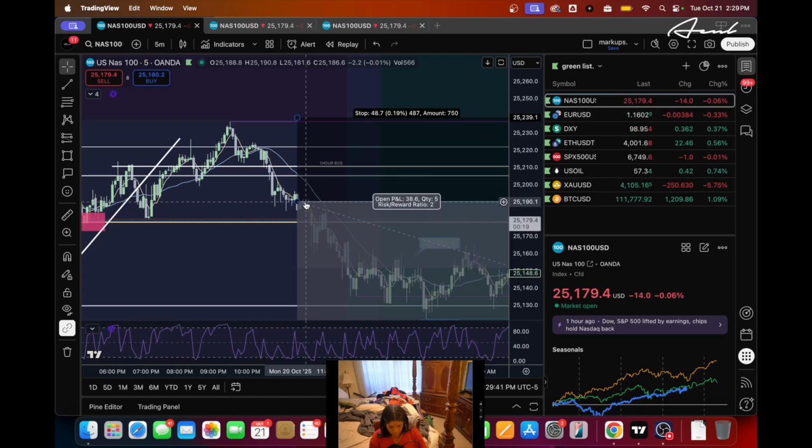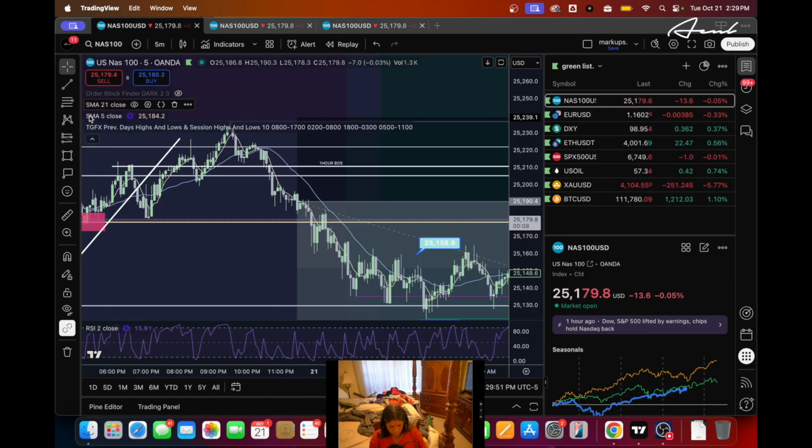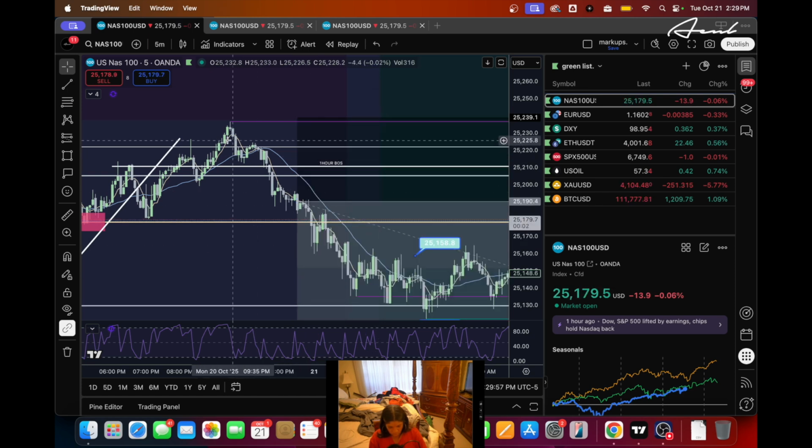From here, I'm showing that price was below that 5 SMA line, and it was also below that 21 SMA line, which is the light blue line. That also made me feel confident in getting into the trade, because I wasn't necessarily adhering to my entry rules, if you will.